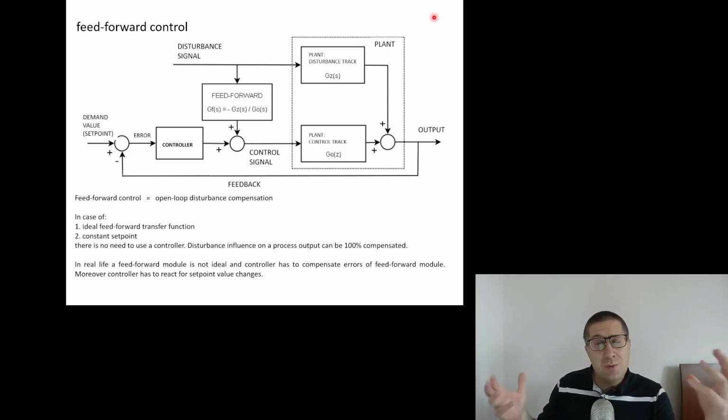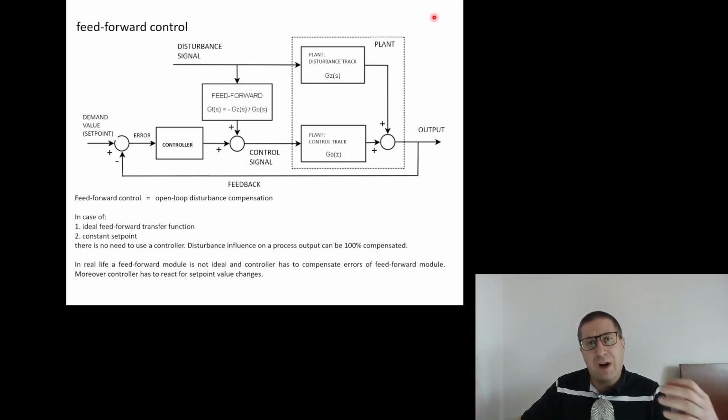I have those two models. I know when to react and how fast, and such open loop disturbance compensation is the feed-forward control.